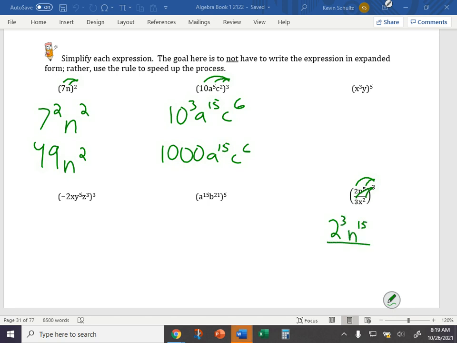That 2 gets the power, and the n to the 5th, those powers are multiplied. And then in our denominator, it would be 3 cubed and x to the 6th. So you are distributing that exponent into every coefficient and every variable inside of the parentheses. If a variable already has a power, you multiply them. If not, it just gets the exponent there. Will?